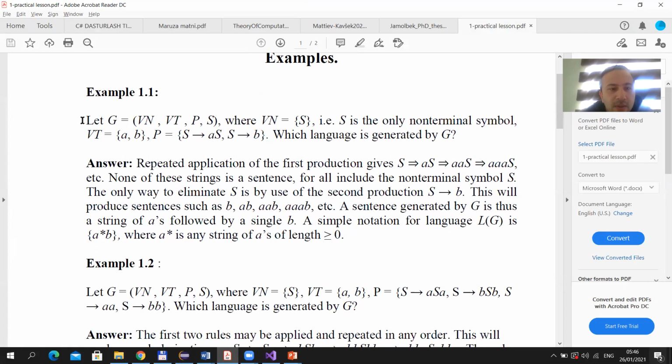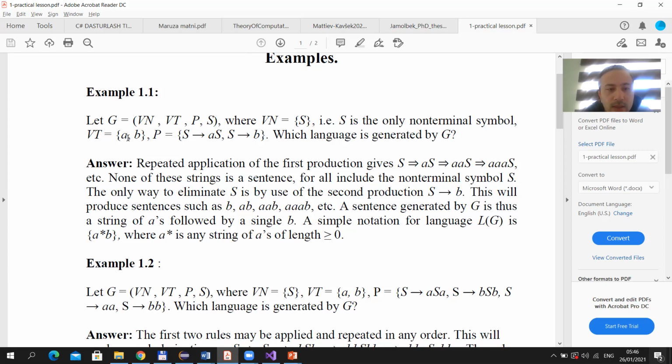So we have been given this grammar: VN, VT, P, S, which is already explained in the lecture. VN consists of S only, the only non-terminal symbol.